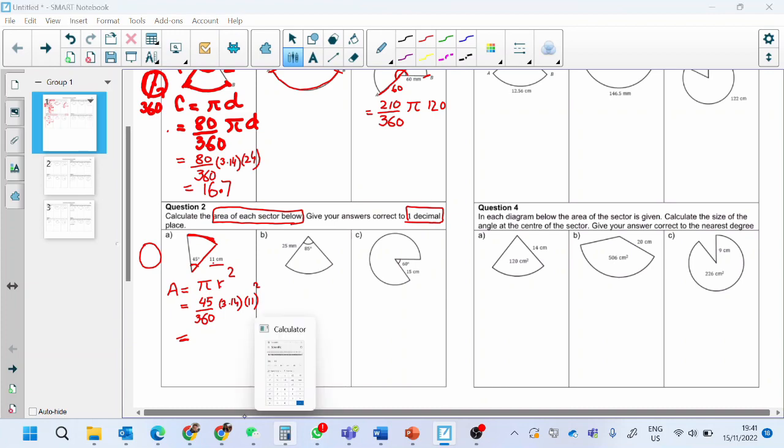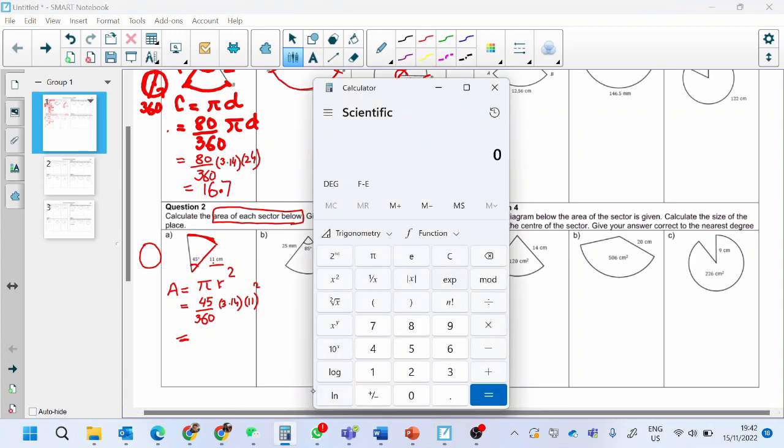Let's solve this. 45 divided by 360 gives us 0.125, and then we multiply it by 3.14. Then 11, the radius squared: 11 times 11 is 121, so we multiply by 121.